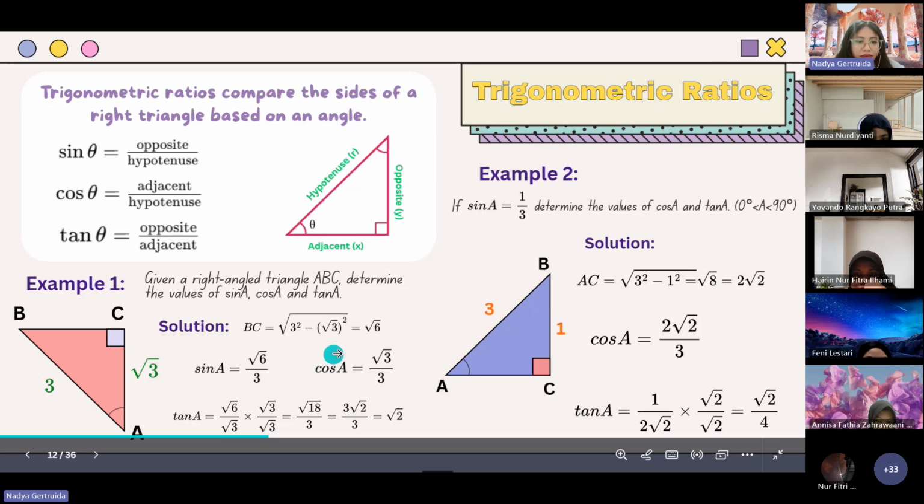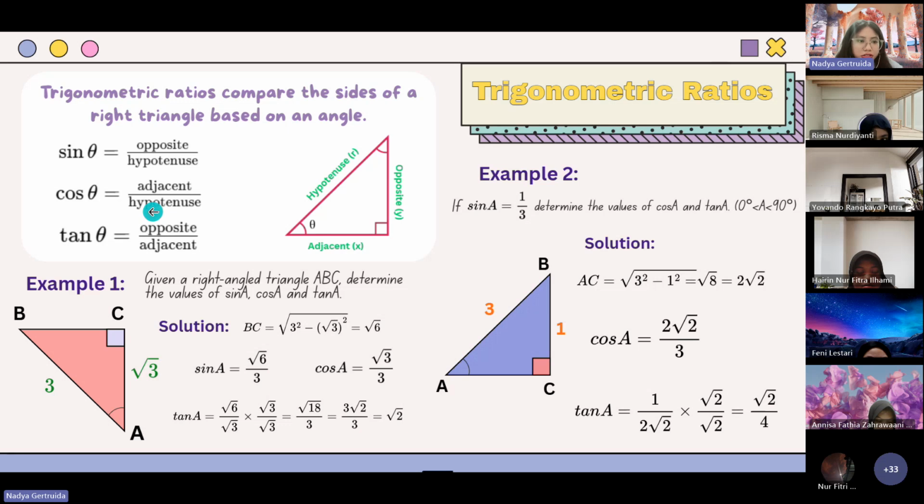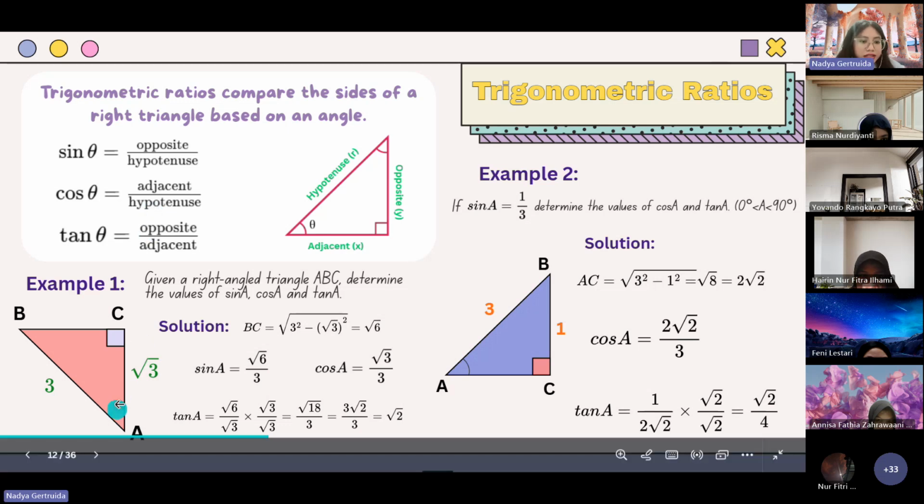And we can find cosine A. Cosine is adjacent divided by hypotenuse. The adjacent is this AC and the hypotenuse is AB. So substituting the values, cosine A is equal to the square root of 3 over 3.